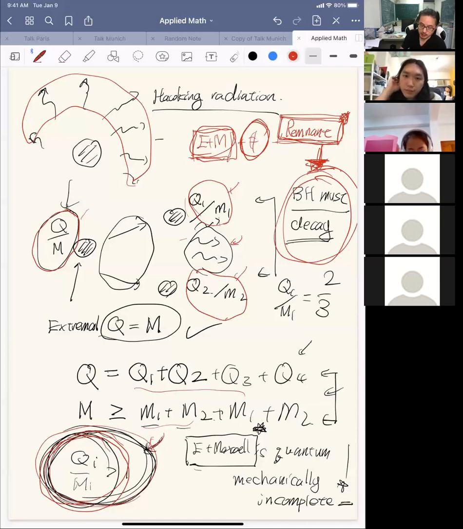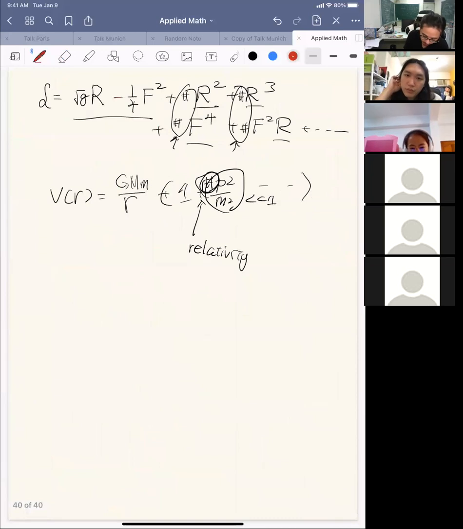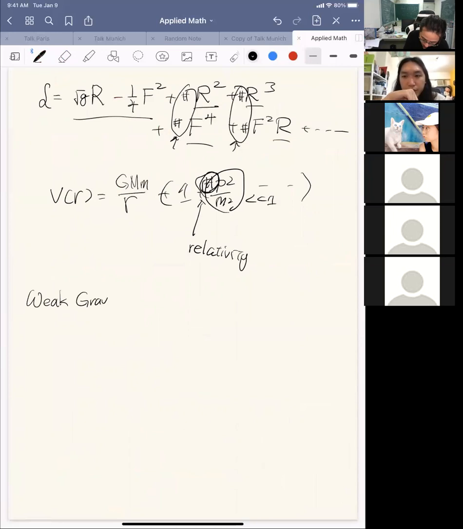So this is one of the forefronts of current research, and it comes under the name of the weak gravity conjecture. So this is the famous weak gravity conjecture. I'll explain to you why we call it weak gravity.